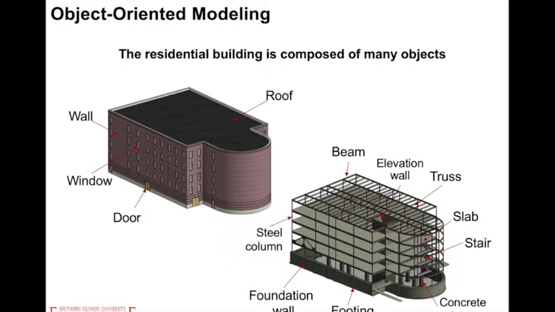So let's first talk about object-oriented modeling. What is object-oriented modeling? Simply speaking, instead of drawing lines, curves and other basic geometric shapes from scratch in AutoCAD software, we simply select the objects, which are already the components of the building, and then drag them and put them at the desired position or location in your model.